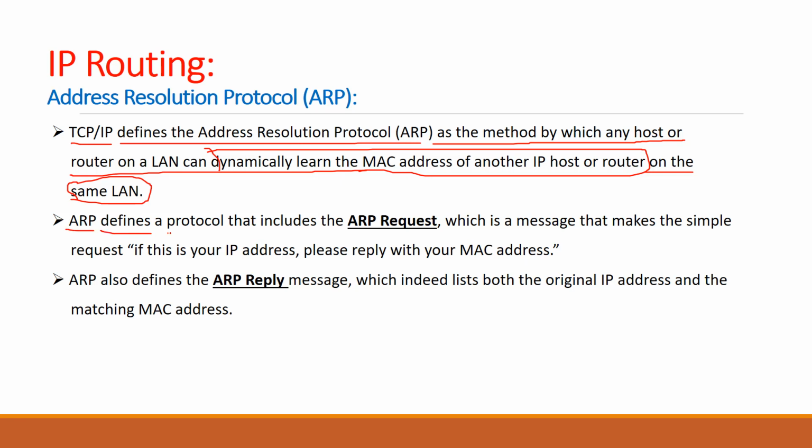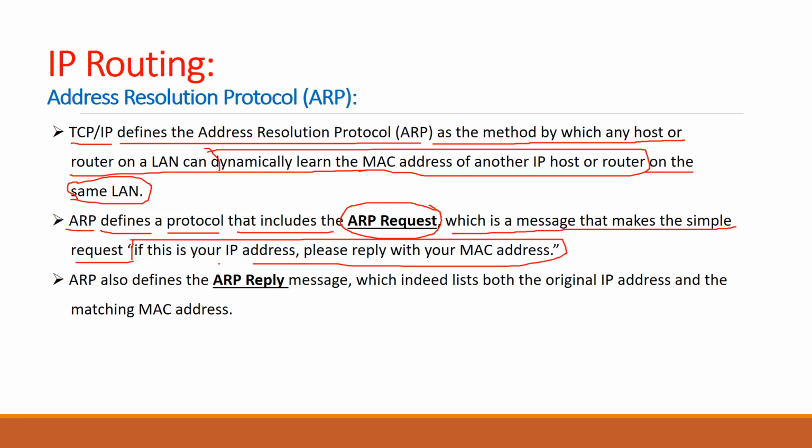ARP defines a protocol that includes the ARP request, which is a message that makes the simple request: if this is your IP address, please reply with your MAC address. Simply, because I don't know the destination MAC address, I send an ARP request asking if this is your IP address, please give me your MAC address so I can use it as a destination MAC address in the Ethernet header.